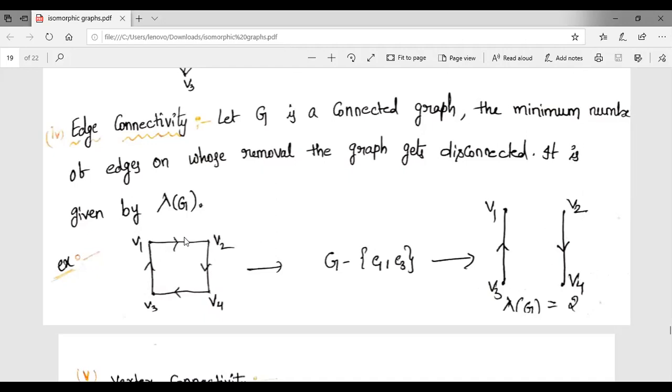By removing the minimum number, 2, these two or these two, we get a disconnected graph, that is G minus E1, E3. So the minimum number of removal edges is 2, which is denoted by lambda of G. So lambda of G is equal to 2.